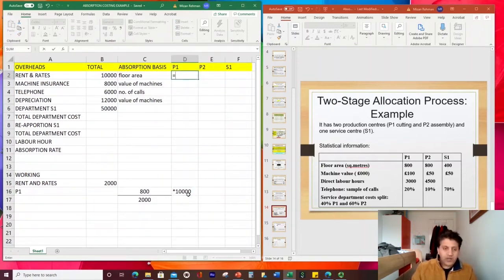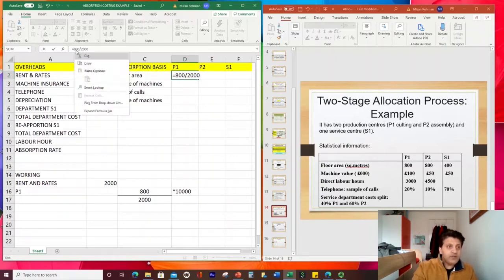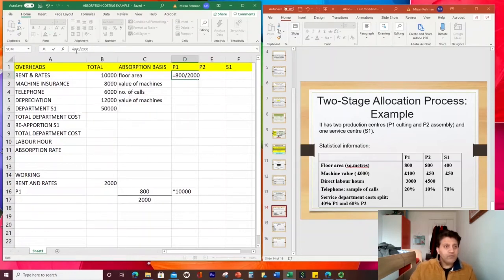So let's do that now. 800 divided by 2,000. I should have used brackets to keep this calculation separate from my multiplication. Then we multiply this by 10,000.